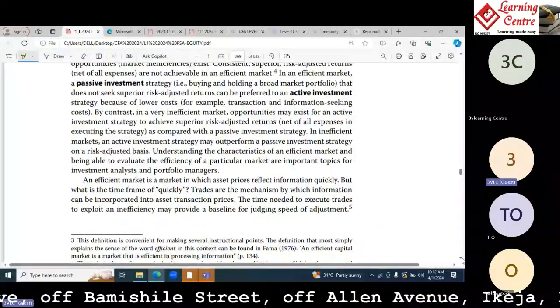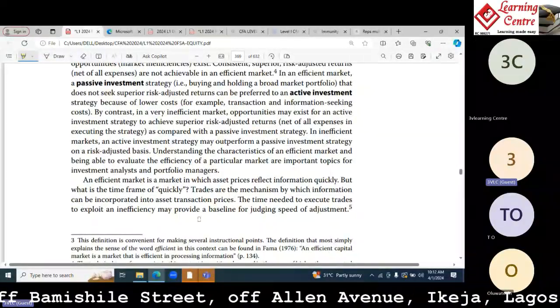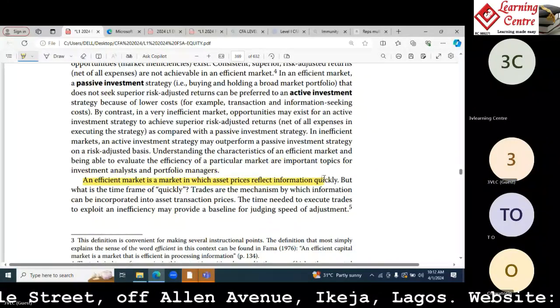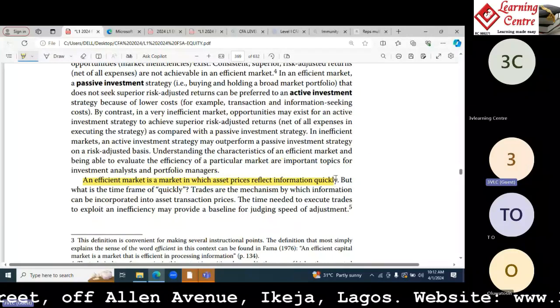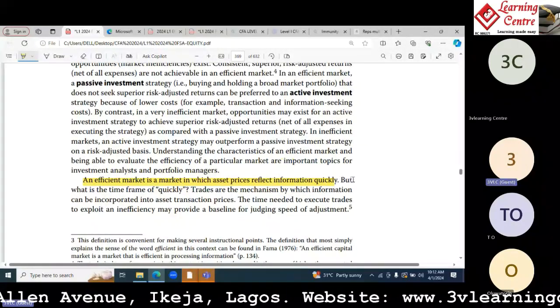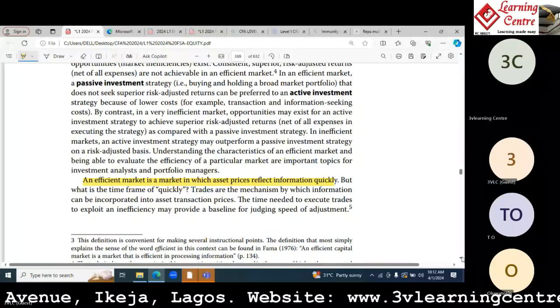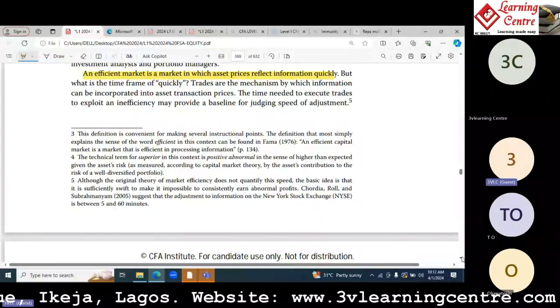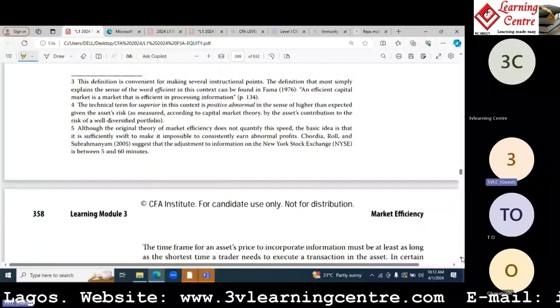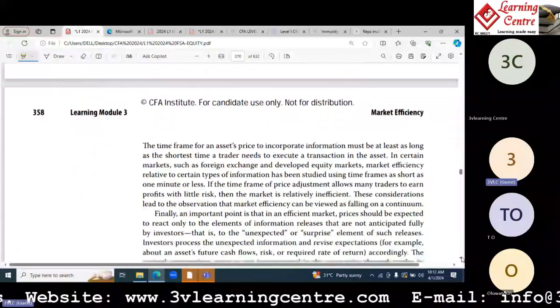So an efficient market is a market, as I've mentioned already, in which asset prices reflect information quickly. And like I mentioned, quickly has to do with the time frame at which you get that information and take advantage of it.